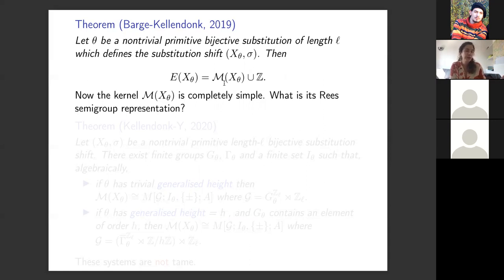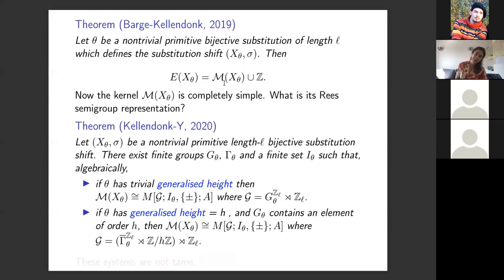It's just the kernel union the shift action. So now we know the kernel is completely simple, because it's a kernel, but also because of the Ellis-Nakamura lemma, which tells us that we have, for sure, idempotents. So the natural question then is, what is the Rees semigroup representation of this kernel M of X theta? I can write it as a matrix semigroup, and this is what Johannes and I did last year and this year.